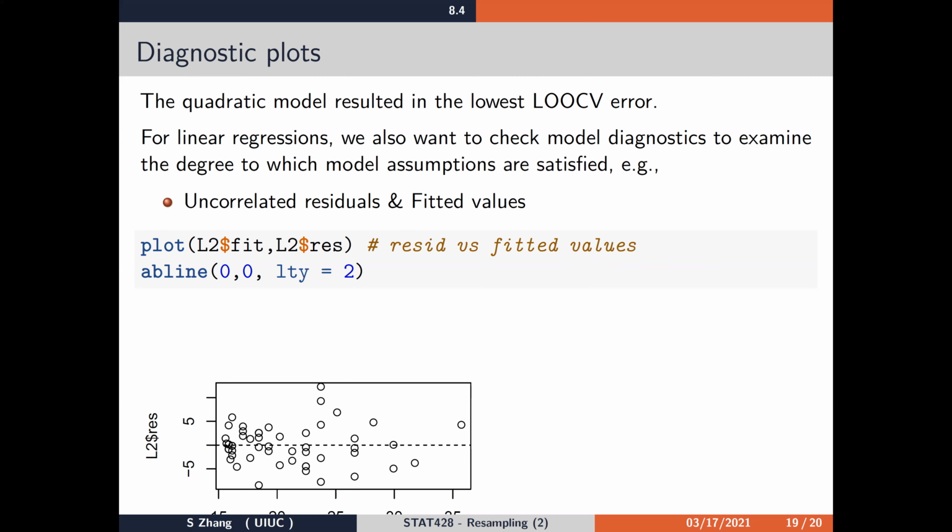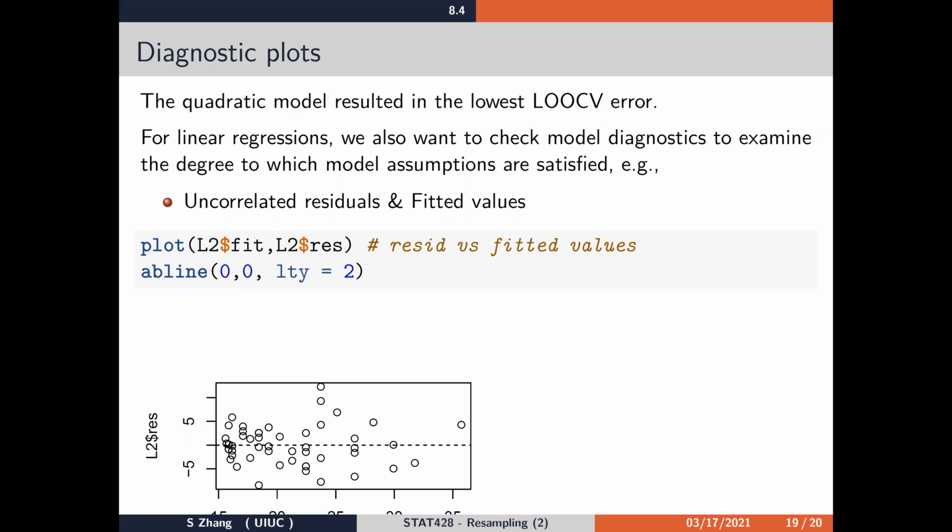So the linear model that you assume is actually indeed the model for the data. The normality of the e's, the error terms, so they should be normally distributed with mean 0 and standard deviation of sigma, and that standard deviation should be the same for all of the observations.